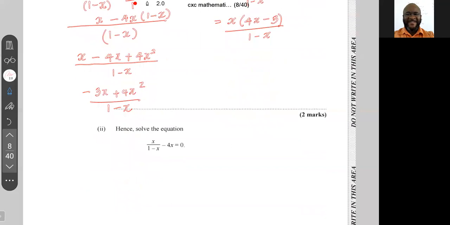Hence, we're told to what? Solve the equation. So remember, we just showed that 1 over 1 minus x minus 4x is the same as saying x into 4x minus 3 over 1 minus x is equal to 0 over 1.